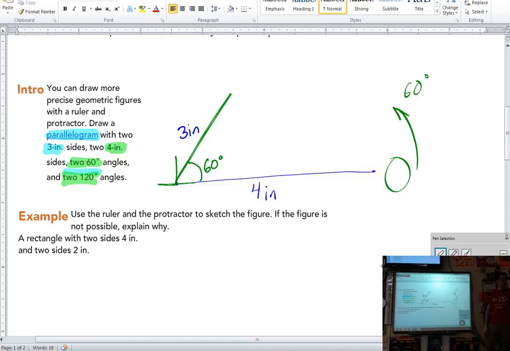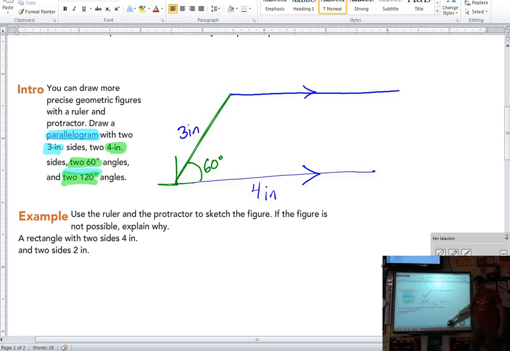Now I know this is a parallelogram, so attached to this side on top needs to be a side that is parallel to the bottom. What else do I know about that side? It's not only going to be parallel to the bottom, it's got to also be, what's that C word that means same size?